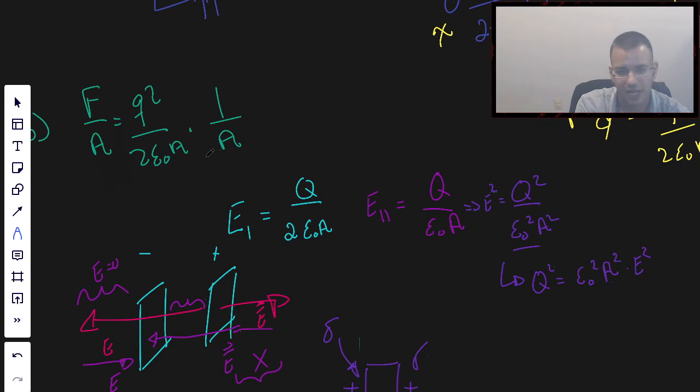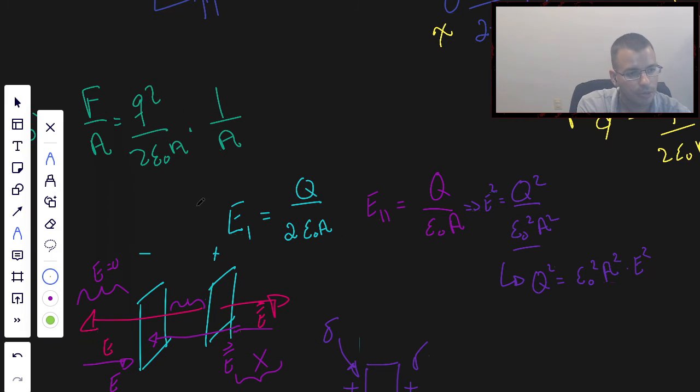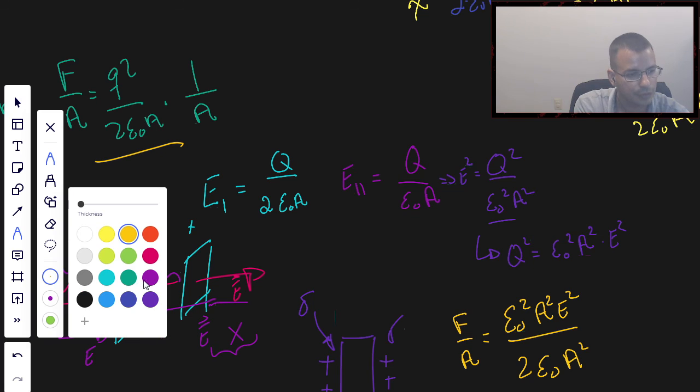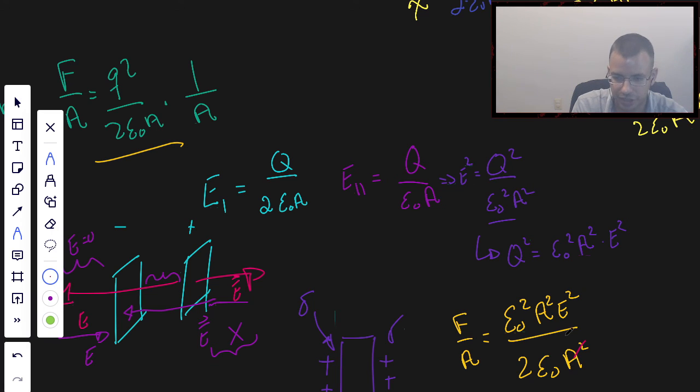Looking at the equation we have up here and plugging it in down here, we get force divided by area, which is our electrostatic stress, electrostatic pressure. It's going to be epsilon naught squared, area squared, electric field squared, which is the same as Q squared, all over 2 epsilon naught, and I'm going to say A squared because we have an A and an A. From there, we cancel the area squareds.